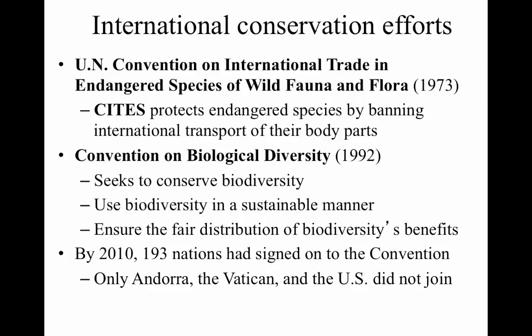So the ivory trade has been banned by the UN, and if you owned elephant ivory and tried to take it over a border into another country, it would be confiscated and you might be arrested.